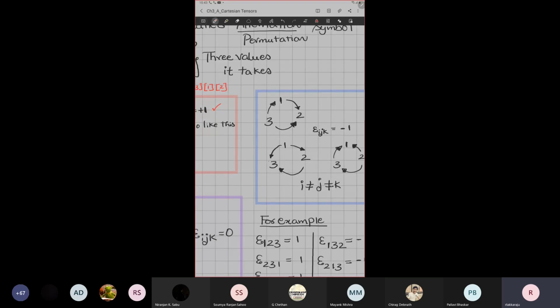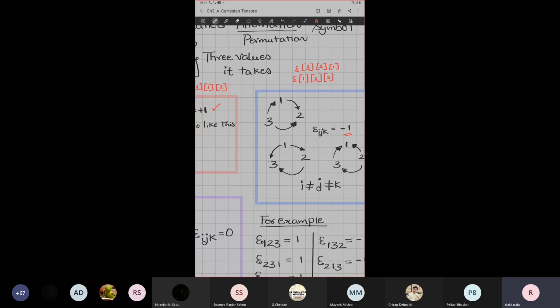Instead, if I see 1, 3, 2, or after 3, what I'm supposed to see is 1, but now I'm seeing it in this way. If that directional sense is flipped, that value becomes -1. Is this clear?